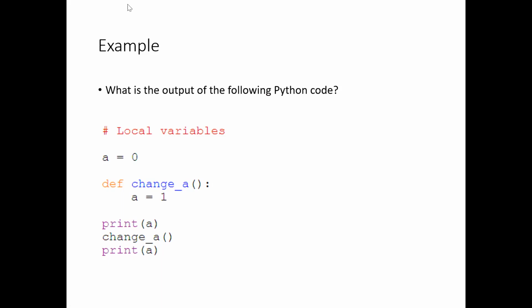In this particular code, you have variable A assigned to 0, and a function called change A. Inside that, you have a variable A equals 1. And these three statements are the main program: print A, call change A, and print A again.